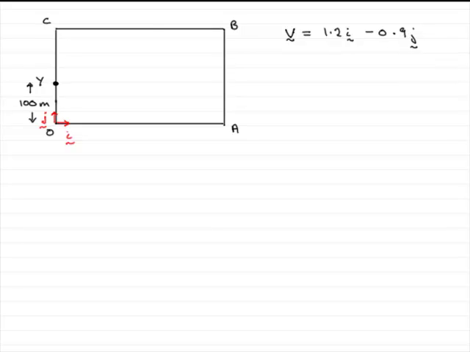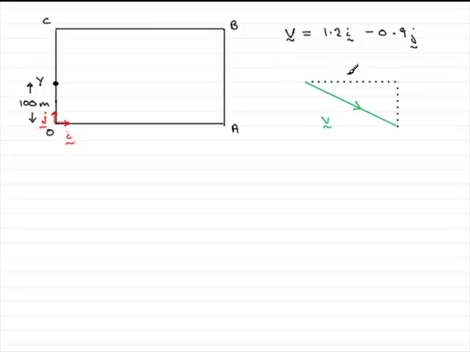Well, essentially it means that our hiker H is moving along here 1.2 units for every 0.9 that goes downwards. So it's not again drawn to scale, but the hiker is moving in this direction with this velocity v.